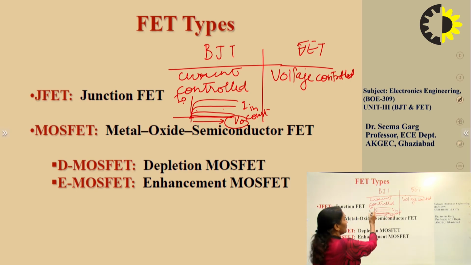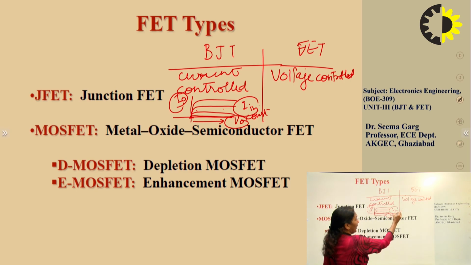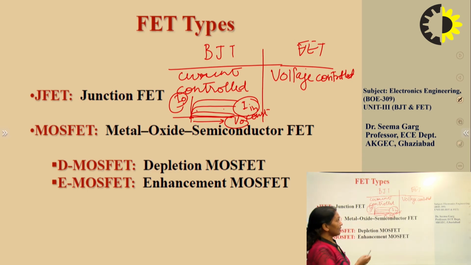It means the output current depends upon the input current. It is independent of the output voltage, and that is why it is called a current controlled device, because the output current of the BJT depends upon the input current.